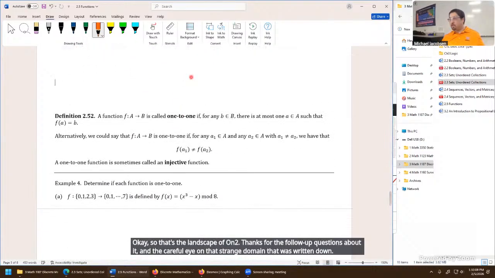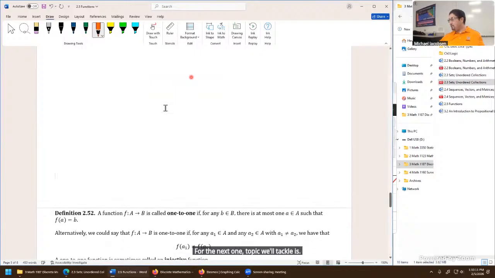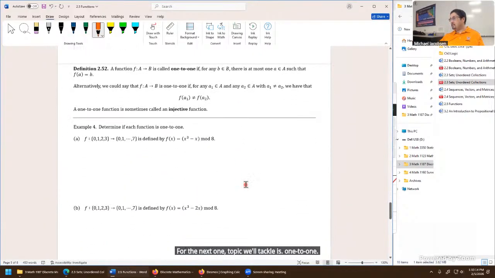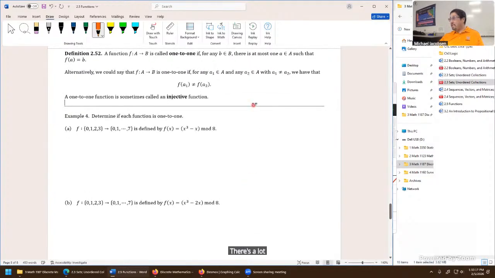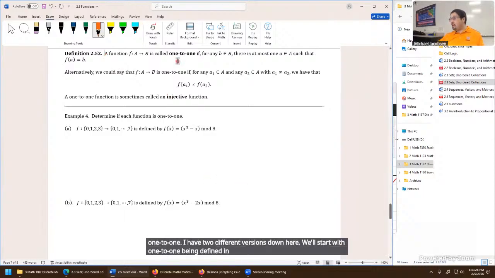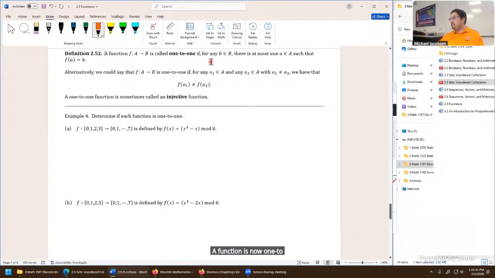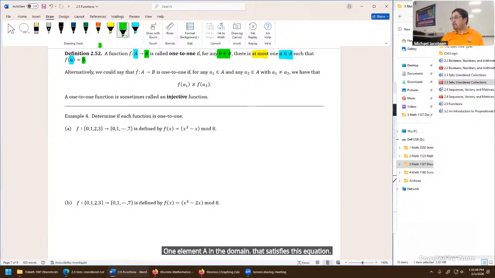For the next topic we'll tackle one-to-one. There are a lot of interesting, logically equivalent ways of saying one-to-one. I have two different versions down here. We'll start with one-to-one being defined in this way. A function is one-to-one if for any element b in the codomain, there is at most one element a in the domain that satisfies this equation, a maps to b.